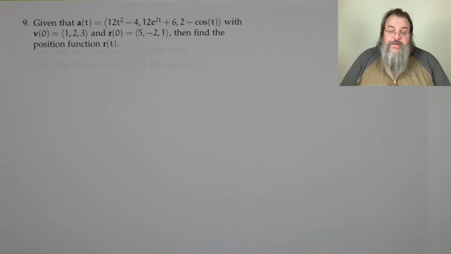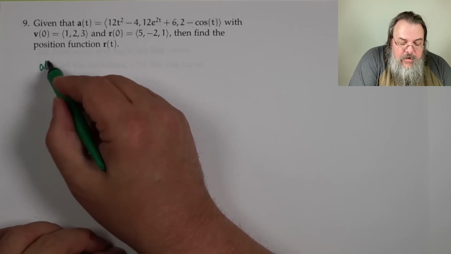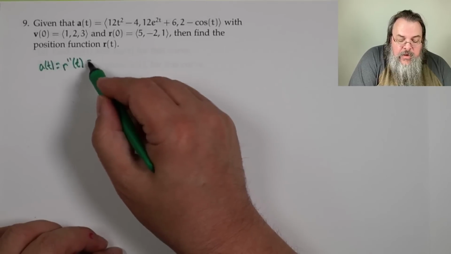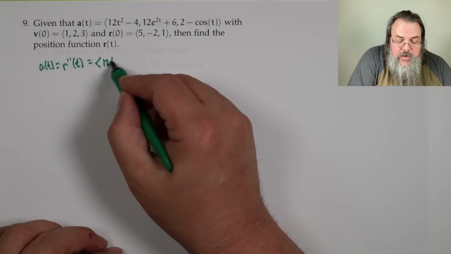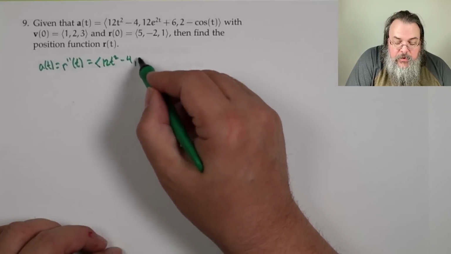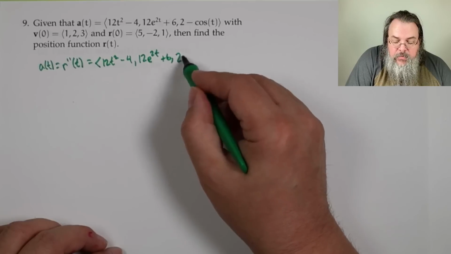So there's not a lot of surprises. So, for example, a of t is really r double prime of t. So that's 12t squared minus 4, 12e to the 2t plus 6, and 2 minus cosine of t.